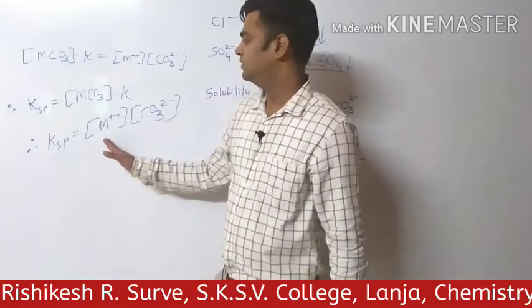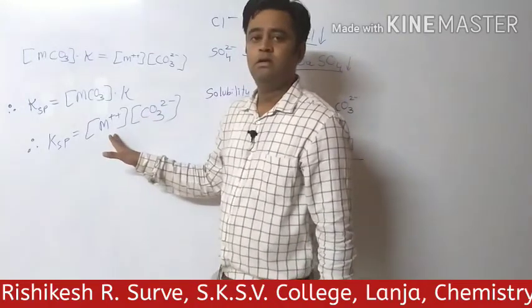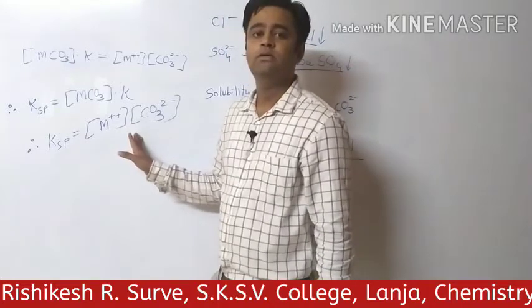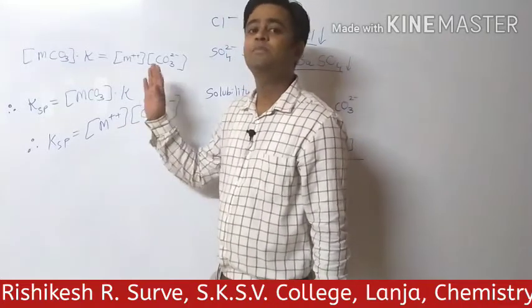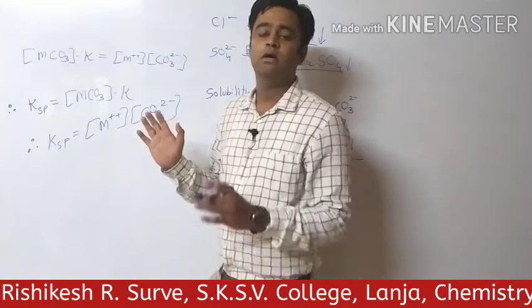Then how will you define KSP? It is nothing but, at a particular given temperature, the concentration of the ions of the salt raised to the power depending on its concentration.